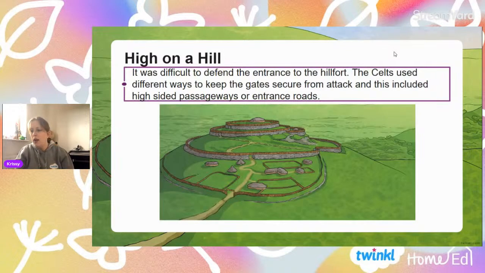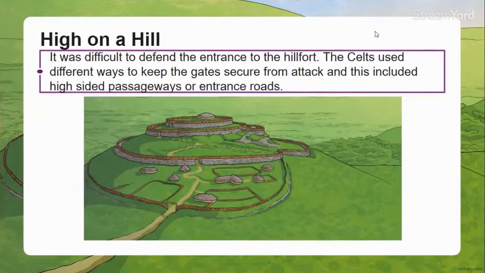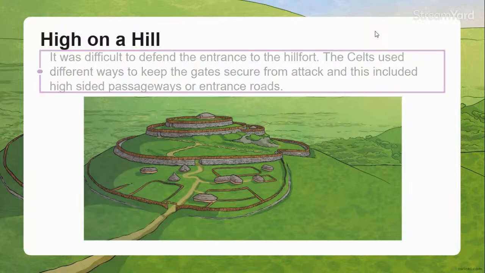But the other thing that I really like is if you look at the roads. If you look at the road here into the hill fort, it's a really good example of another technique. Can you look at the road and see it's not exactly straight, is it?